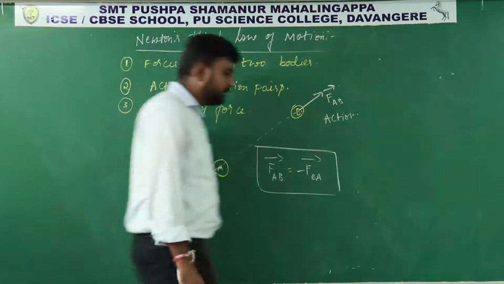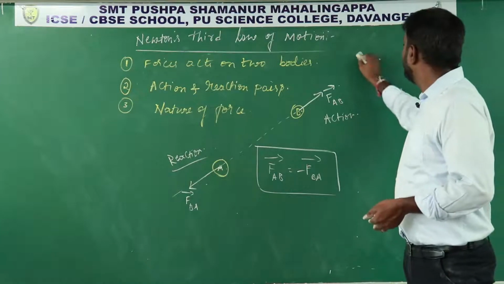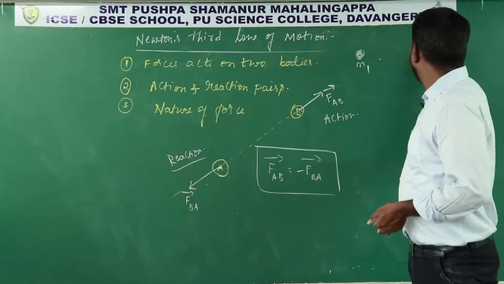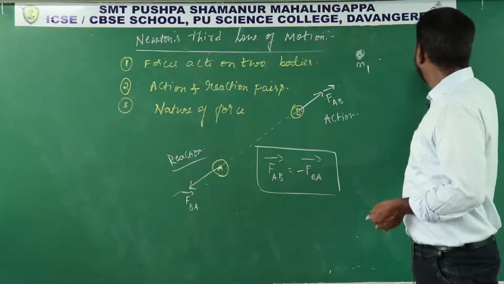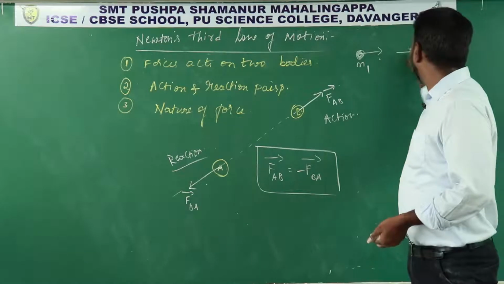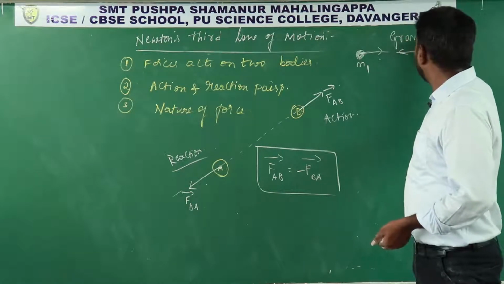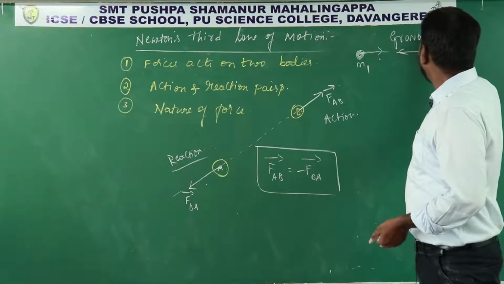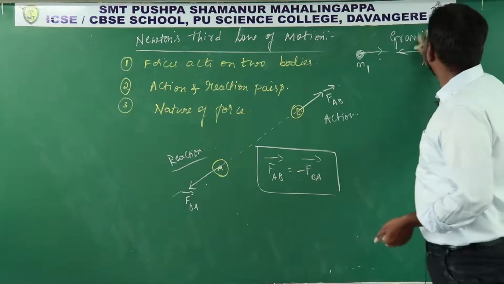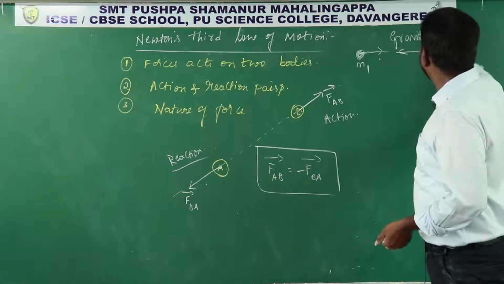Nature of force means, this is mass m1, this is mass m2. Between these two masses there is some force of attraction. The force between two masses is called gravitational force.